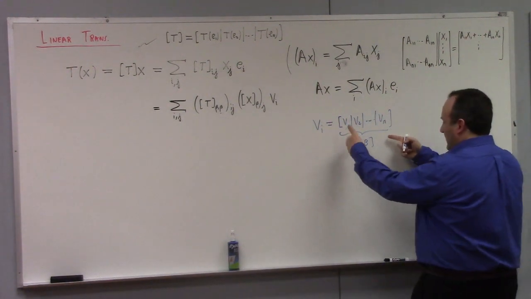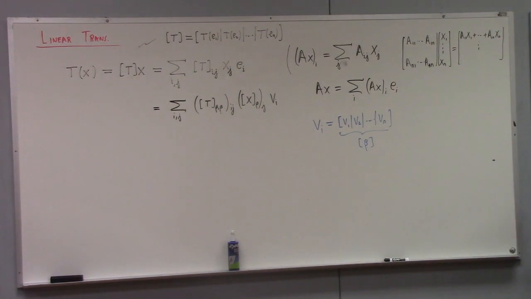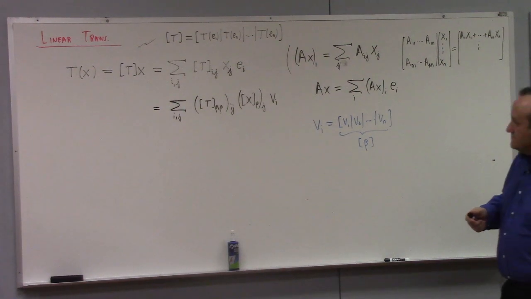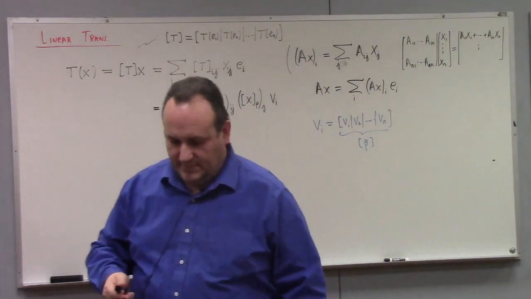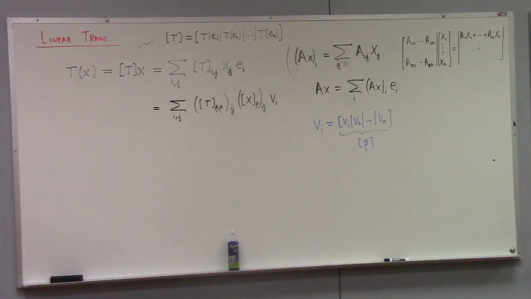How do you pick out the ith column of the matrix? Multiply the matrix by what? Surely someone here remembers this. e_i, right. Matrix times e_i picks out column i. That is something worth remembering.